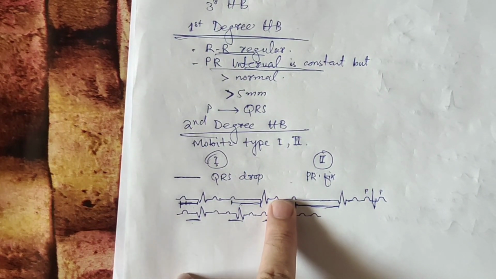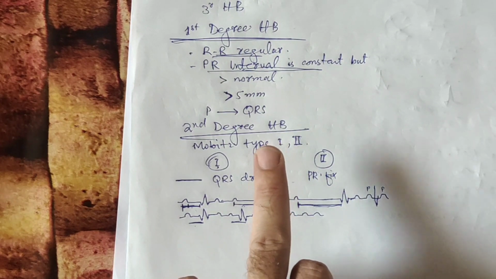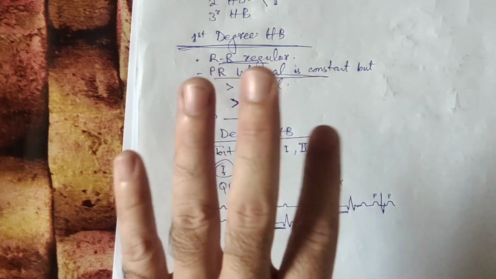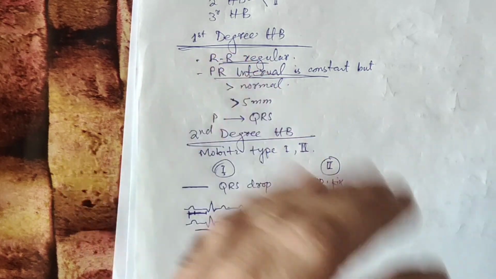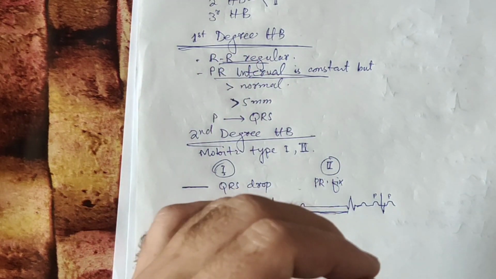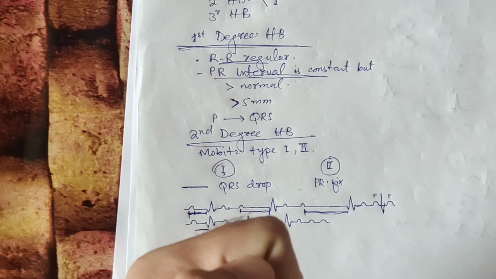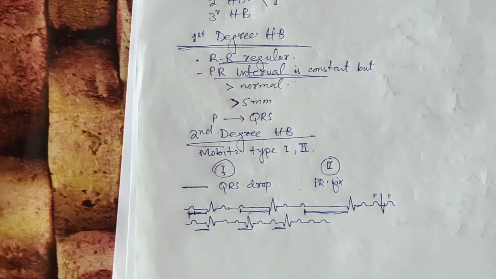It usually needs no treatment. Mobitz type 2 causes are coronary artery disease, acute MI, digoxin toxicity, and electrolyte imbalance. This type is serious and may lead to third degree heart block, so it needs a temporary pacemaker. Hope you got it.